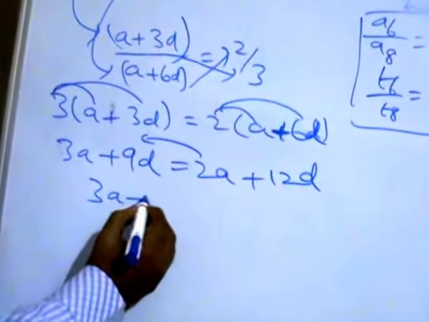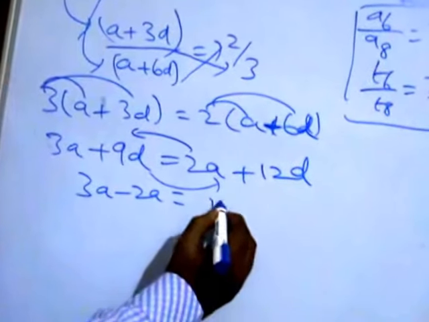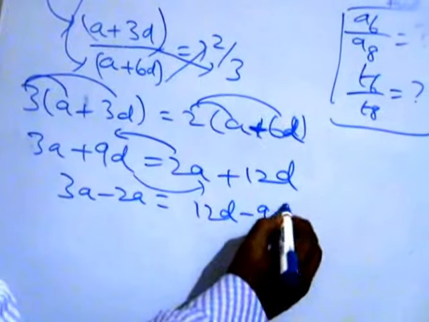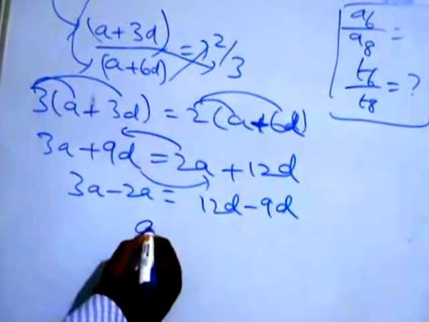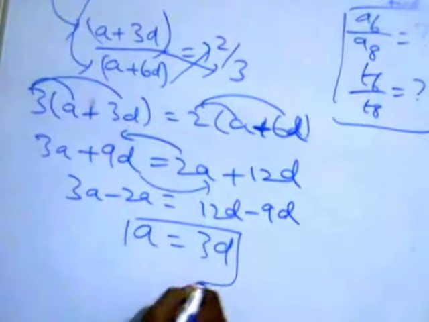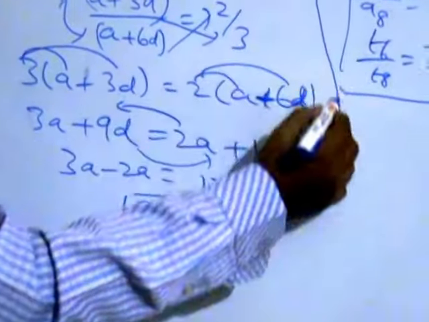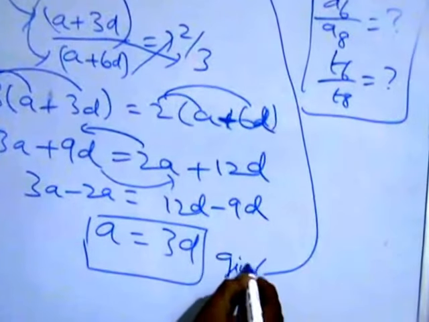So 3A minus 2A equal to, you take 9d that side, 12d minus 9d. So 3A minus 2A is nothing but A, and 12d minus 9d is 3d. So the given changes to this. Instead of the earlier given, you can write this given.